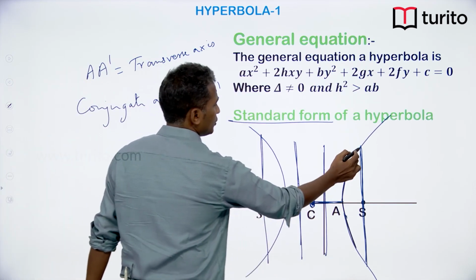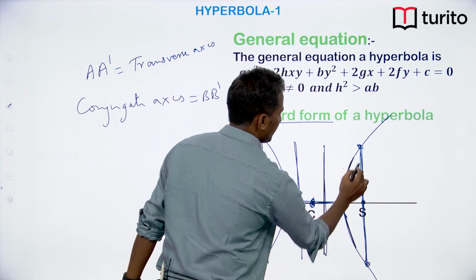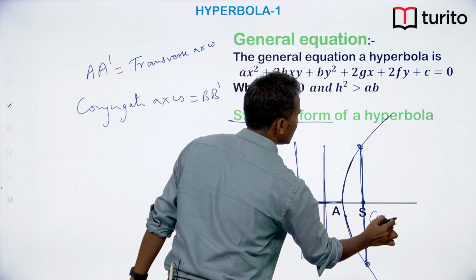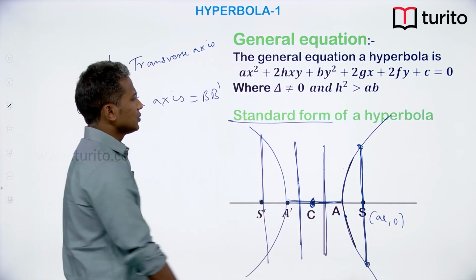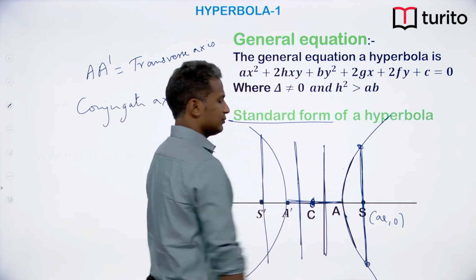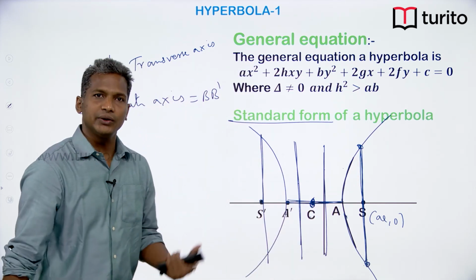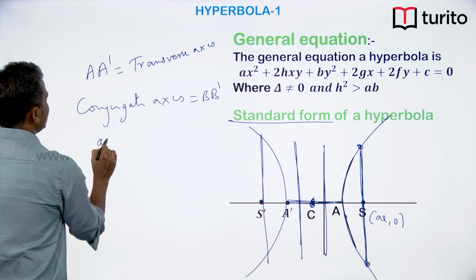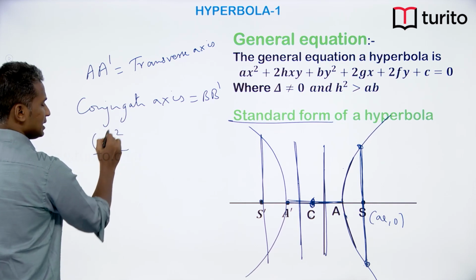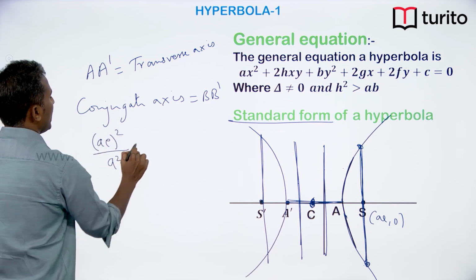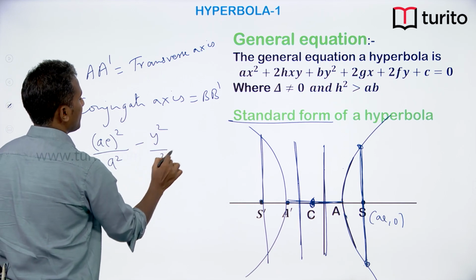Let us say I want to find these two ends. Now, we know that this focus is (AE, 0). So, these two points also will have x coordinate as AE only. In that equation, in place of x, I will just put AE and I will solve for y.